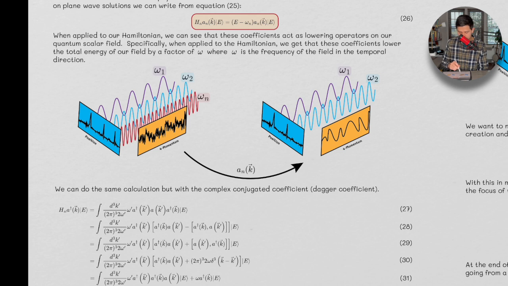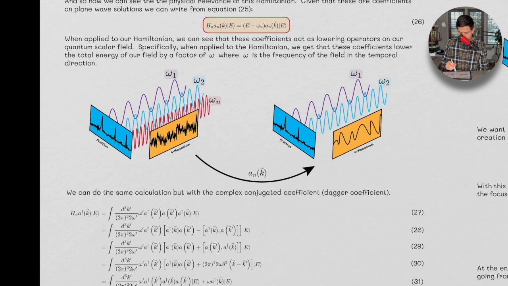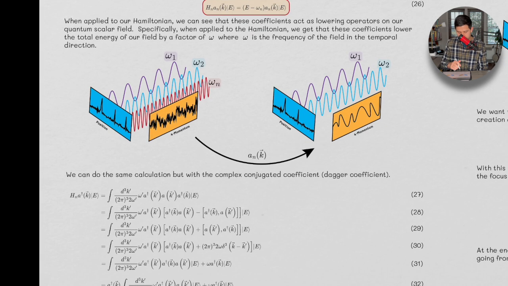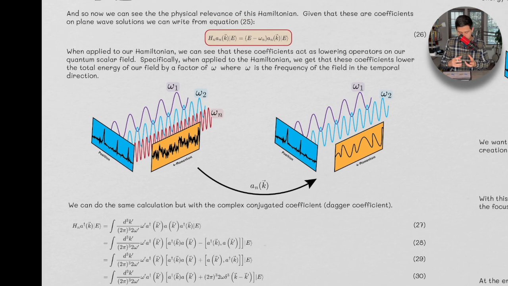So this is akin to raising and lowering the total energy of our quantum fuzzy wave, by a factor of omega n, or by a factor of some frequency. Okay, so these things can be thought of as literally raising and lowering the total energy by reaching into the frequency bin and pulling those frequencies out, specifically looking at the temporal frequency, not the spatial frequencies. Okay?